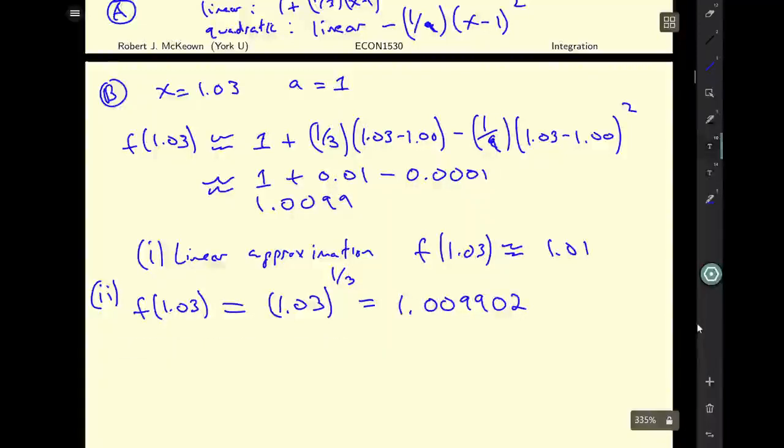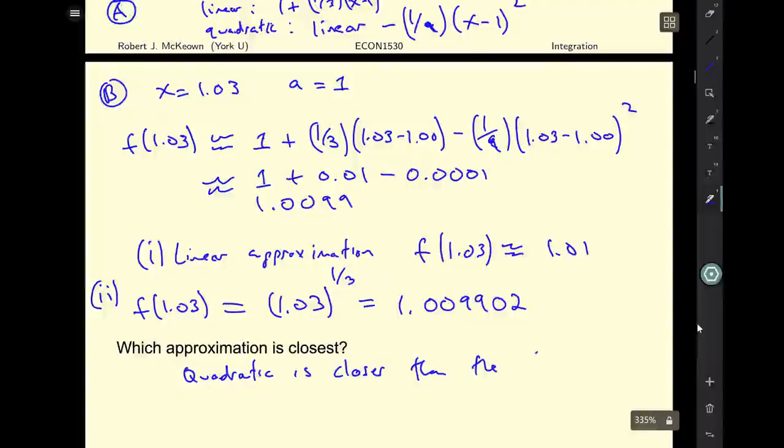Take a minute to look, and after you look, you should see that the quadratic approximation is closer than the linear approximation. Which makes sense. That's the whole idea. We've added a new term. We've added more calculation in order to get a more accurate result.